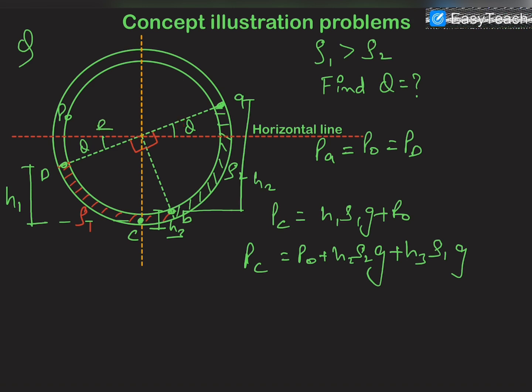By equating these equations, you can easily find the pressure at C and compare to find the angle theta.